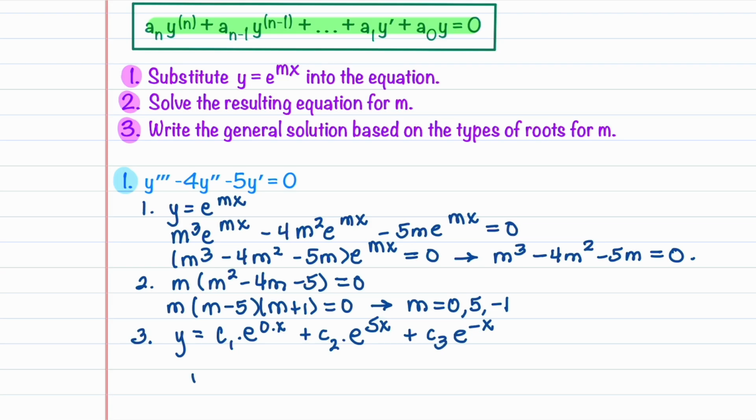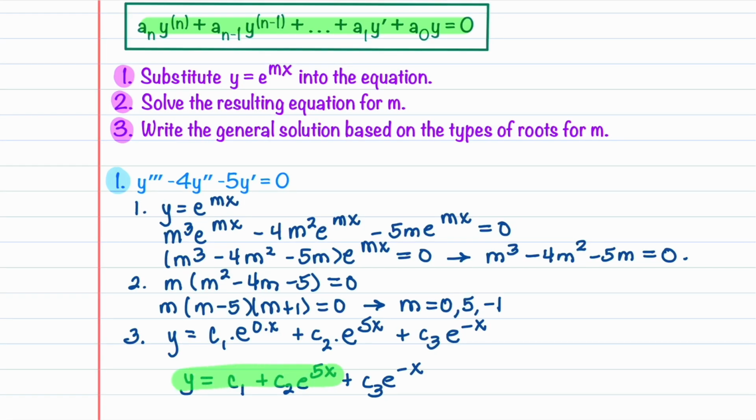This gives our general solution is y is equal to c1, because e to the 0 is 1, plus c2 e to the 5x, plus c3 e to the minus x. And there's our solution.